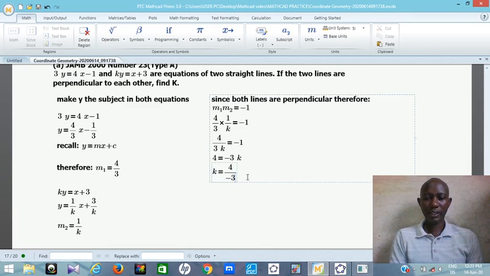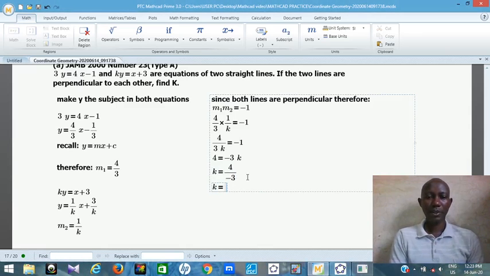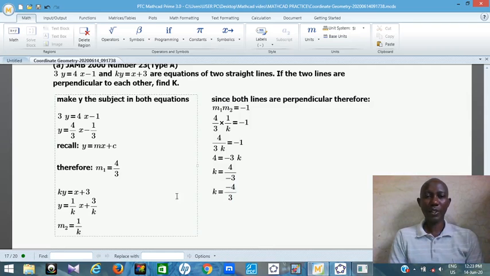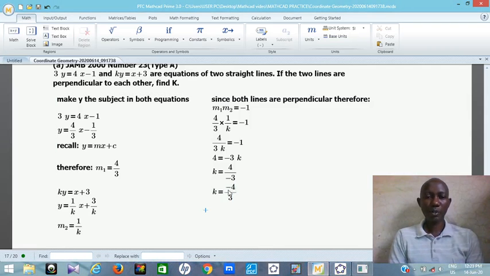So that is the value for k. k is also equal to minus 4 over 3. You can leave your answer in either form, but most times we prefer the negative to be on the numerator, since plus divided by minus is minus, so you leave it as minus 4 over 3. So this is the value of k in this equation.